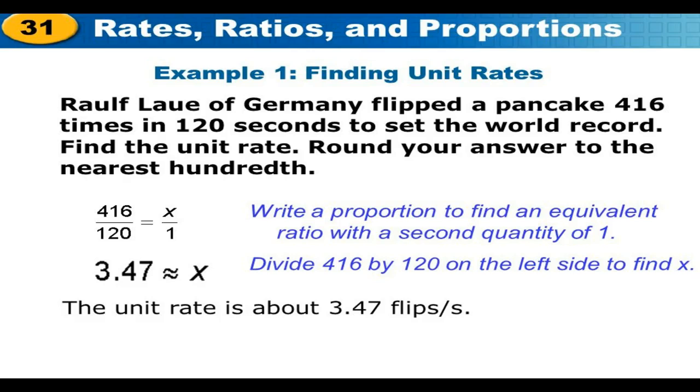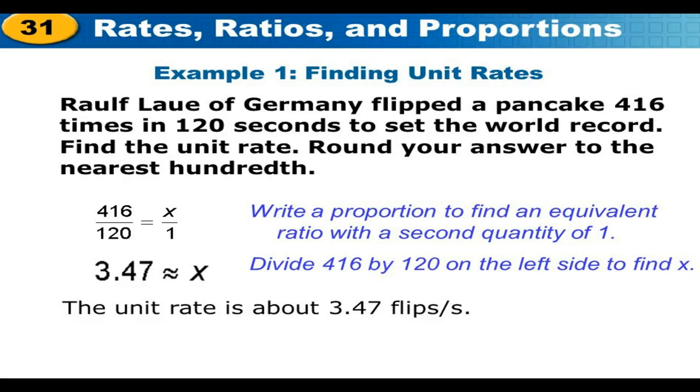In this example, Ralph Lowe of Germany flipped a pancake 460 times in 120 seconds to set the world record. They're asking us to find the unit rate. We should round our answer to the nearest 100th. The first thing we need to do is write a proportion to find an equivalent ratio with the second quantity of 1.